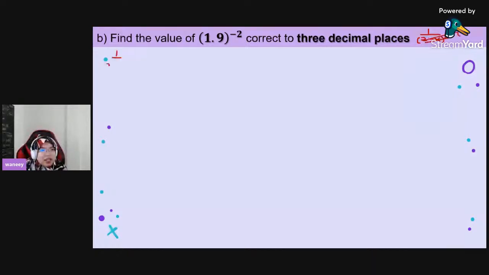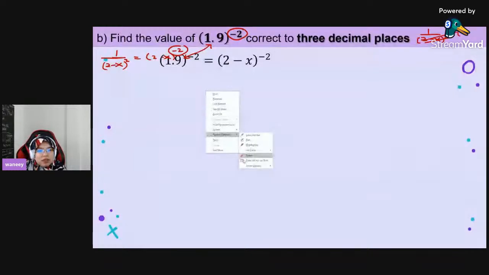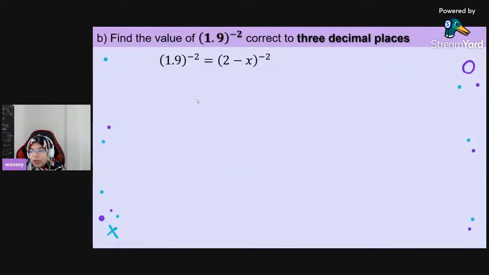So when you bring them up, you have 2 minus x to the power of negative 2. Then you do have something in this form, which means you do have negative 2 in your power. So you can directly compare the number inside of the bracket. So if you compare 1.9 to the power of negative 2 with 2 minus x to the power of negative 2, then you can easily see that x will be equal to 0.1.